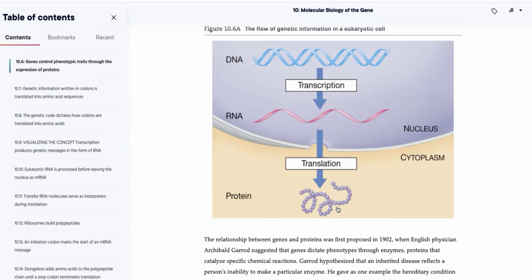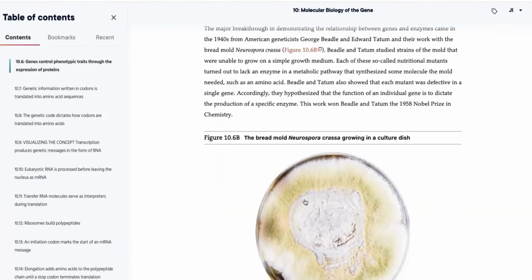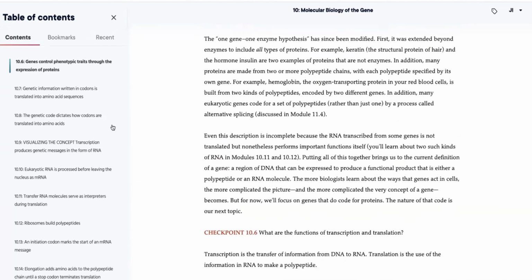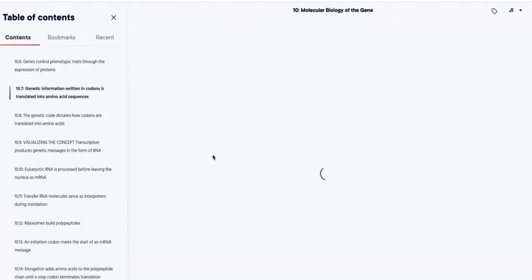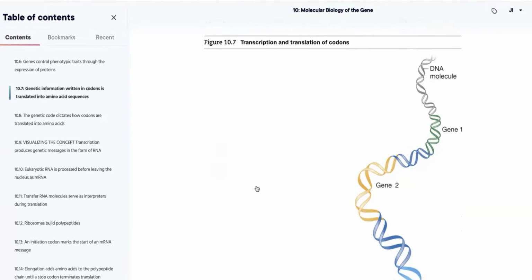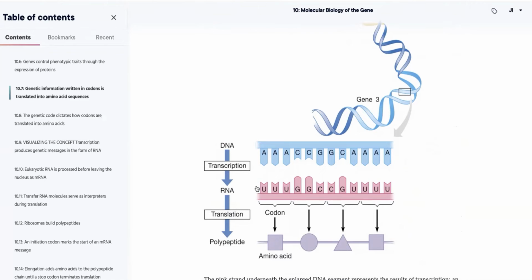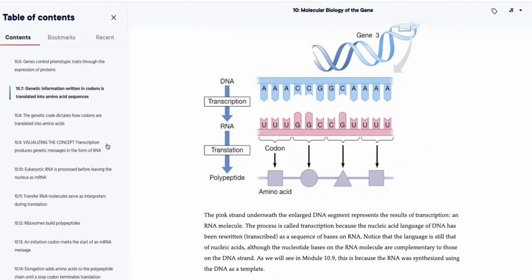Basically 10.6, 10.7, 10.8 are descriptors, giving you a little bit of a pep talk about how information is going to be flowing through that process. It gets us into the process of translation. We'll be talking about translation next.